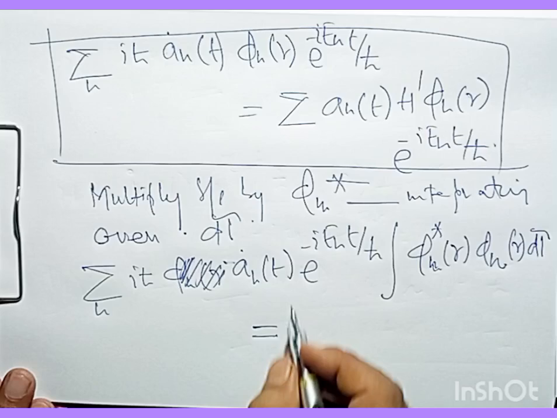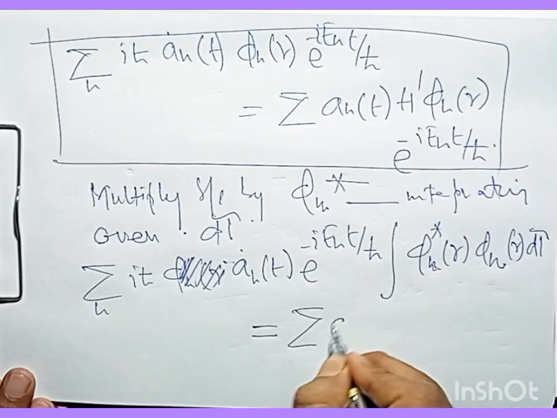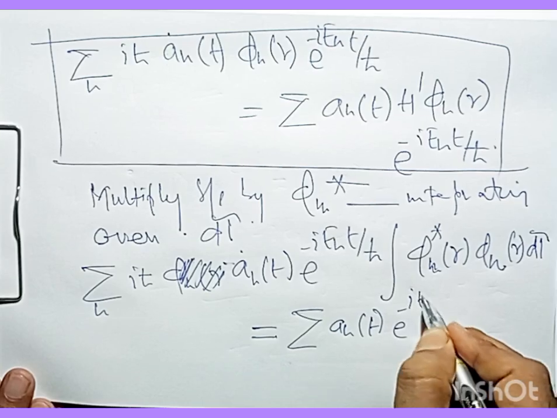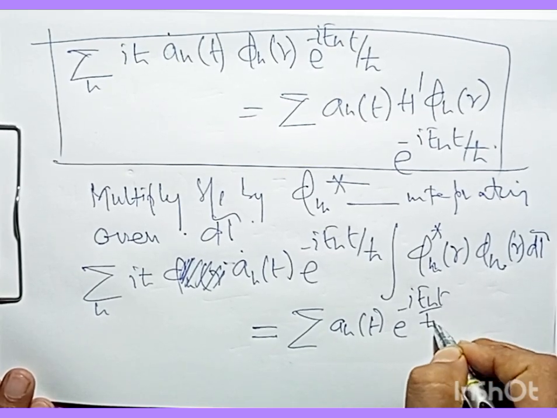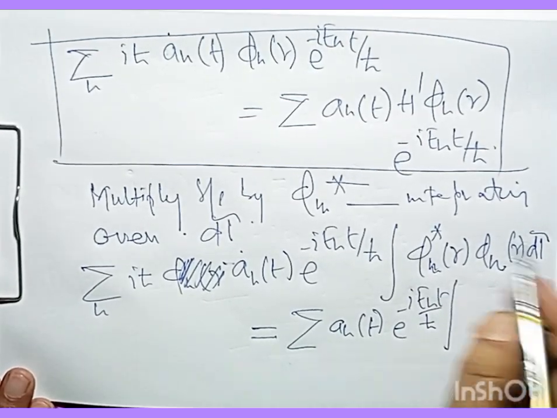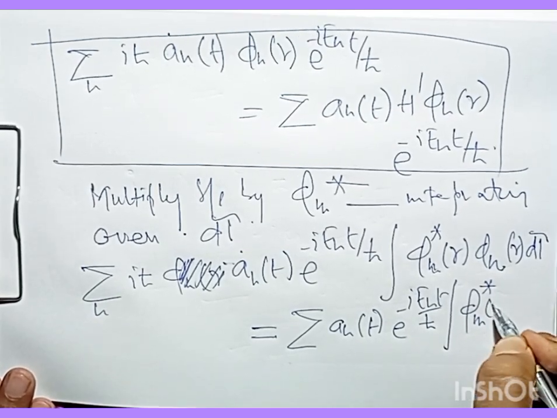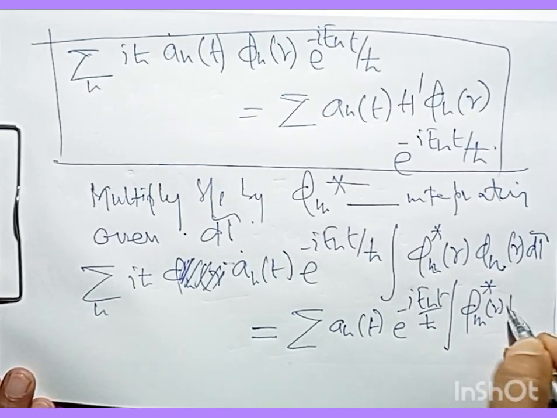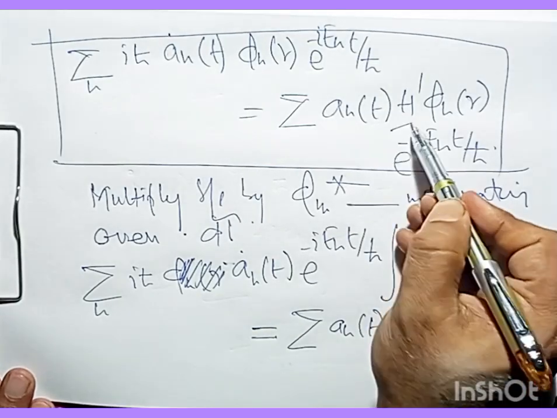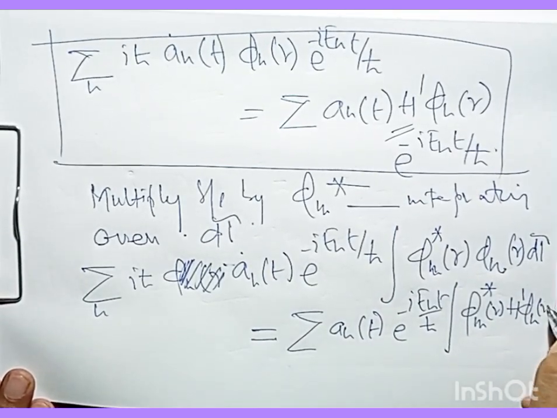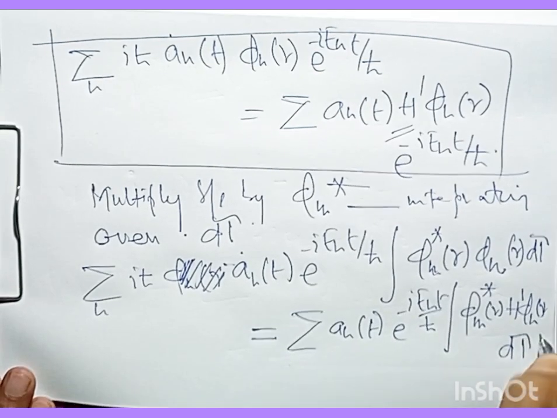On the right, we will have a n of t and e to the power of minus iota E n t by h cross, and the integral phi m star of r and H dash, the perturbed Hamiltonian, and phi n of r, then d tau.